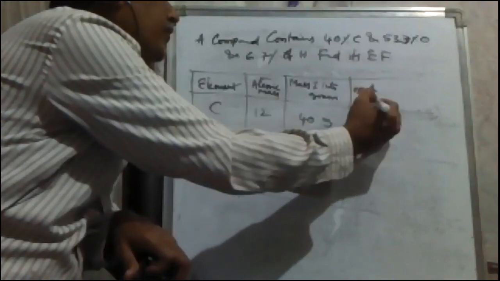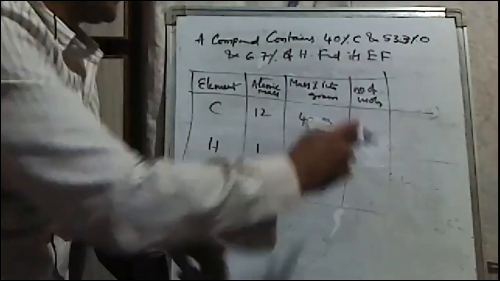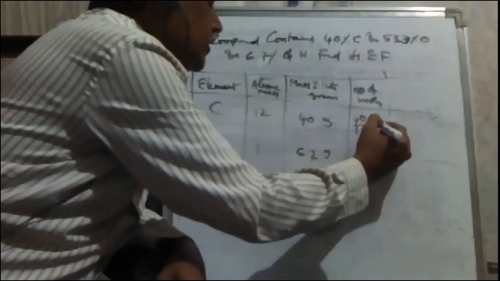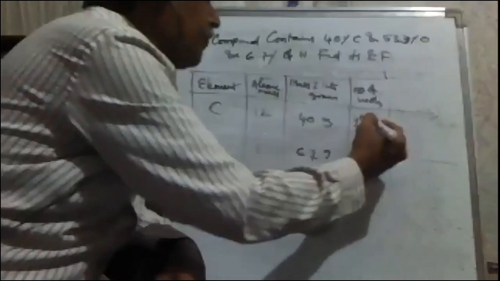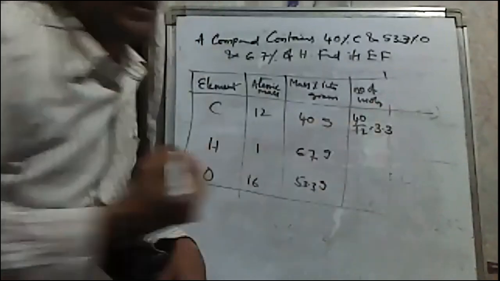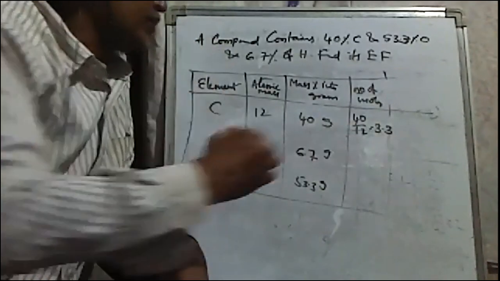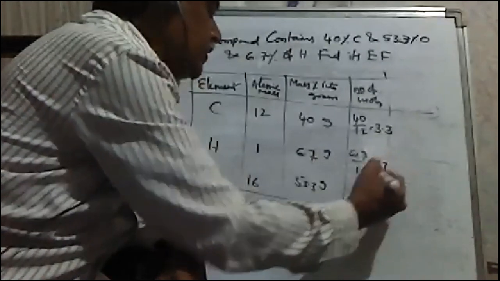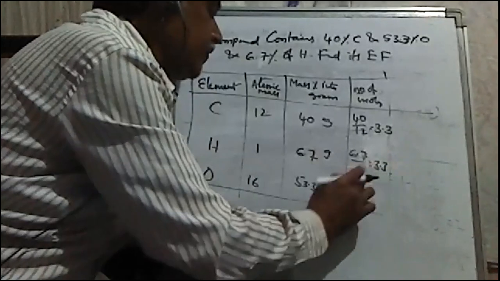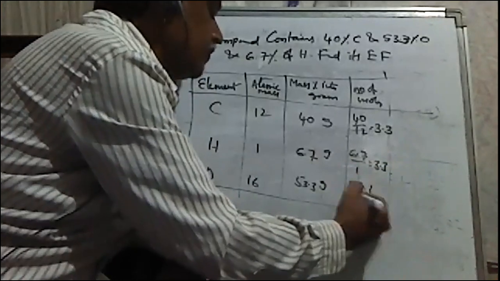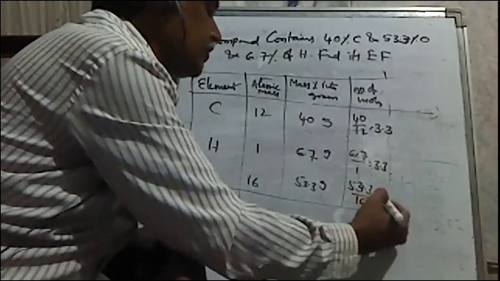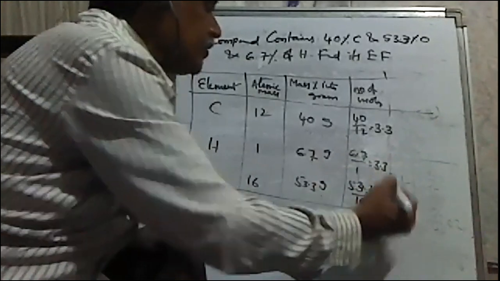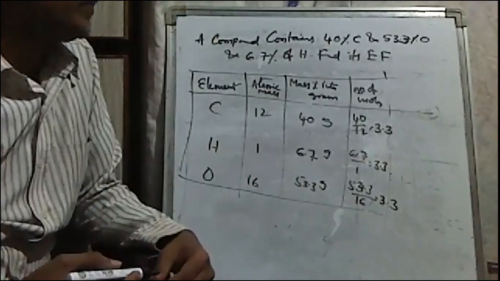Number of moles: 40 by 12 is almost 3.3. Then 6.7 by 1 is 6.7. And 53.3 by 16 is again 3.3.